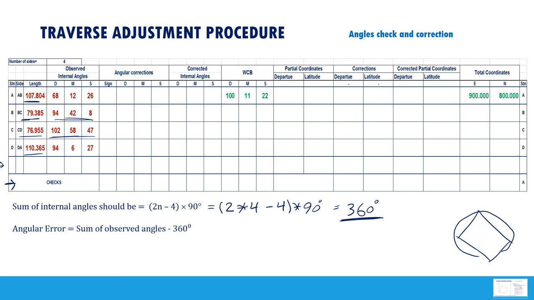So the summation of all of these angles would be, in this case, 359 degrees, 59 minutes and 48 seconds. And the summation of all of the distances is here, 374.509 meters. Okay, so these are in meters because they are distances, and here we have degree, minute, second.